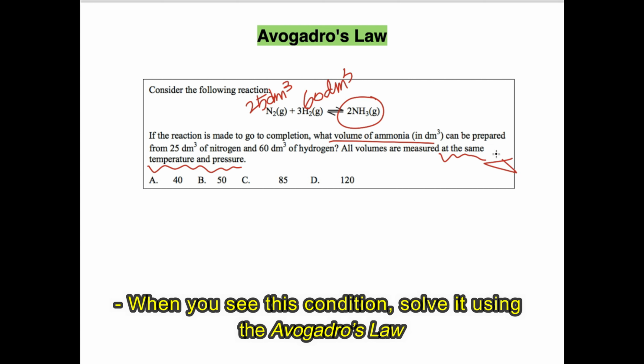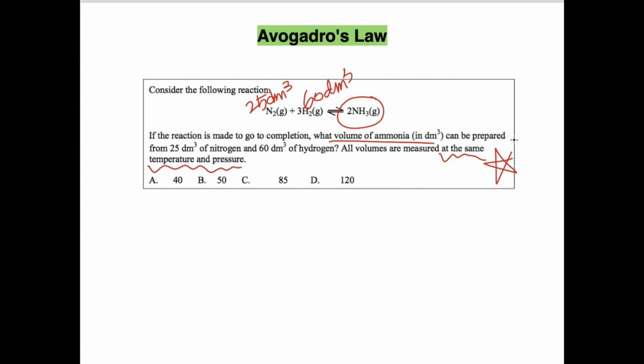Okay, this is important. This question involves Avogadro's law because at the end we see the phrase at the same temperature and pressure. So we can obtain the volumes using mole ratios. However, we first need to determine the limiting and excess reactants. This is because only the limiting reactant will help us find the amount of product formed.